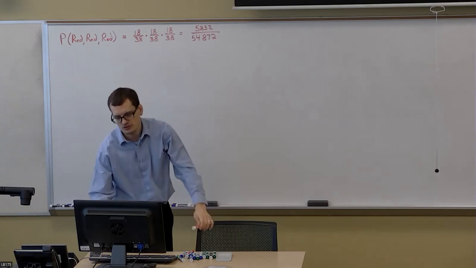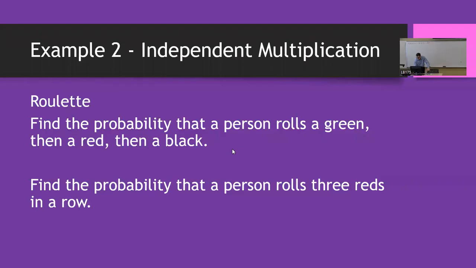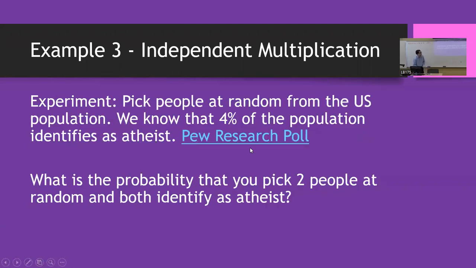Another situation in which independent events show up is when we pick individuals over and over and over again from a really large group, like the US population.